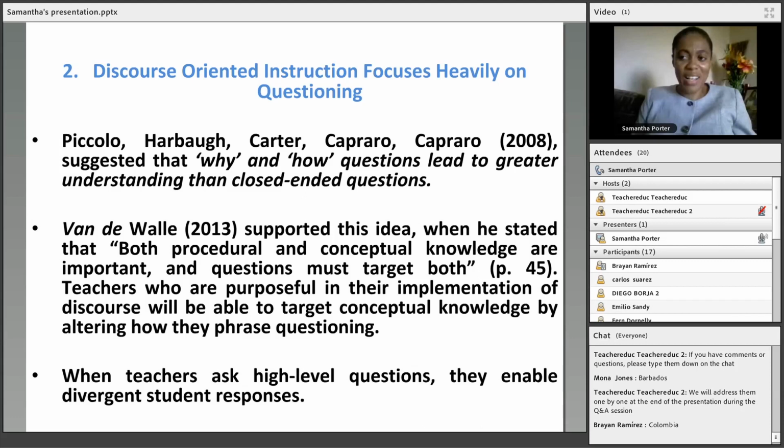High-level questions require students to take what they know and apply it in many different ways, such as analyzing, creating, and evaluating. A high-level math question often has more than one question, such as, which question is the most challenging to you?